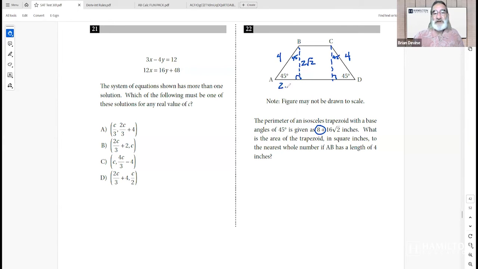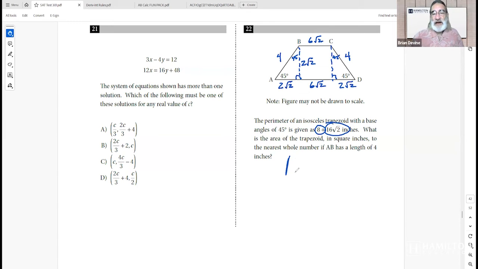And these little chunks right here are 2 root 2 and 2 root 2. And if everything adds up to 16 root 2, then we must have that this is 6 root 2 and this is 6 root 2. Because 6 root 2, 2 root 2, 6 root 2, 2 root 2 would add up to 16 root 2.